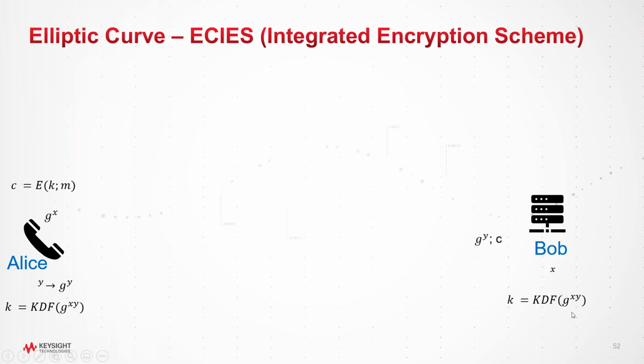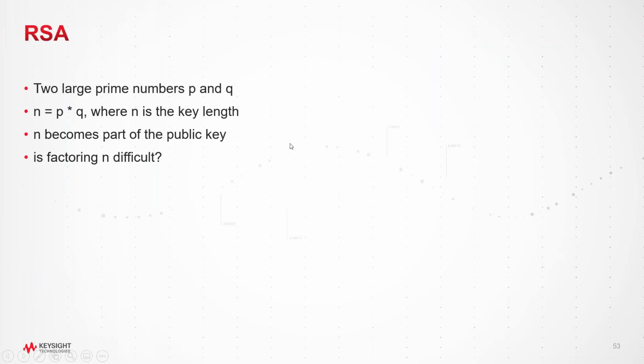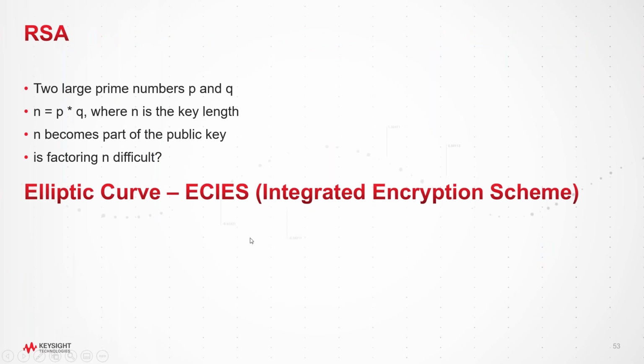Because he has her public key, he's able to use that same key derivation function to gain the secret that she derived without actually having the secret go over the air. And then again, using a public decryption scheme, he recovers the message. Okay, so we want to go back to the comparison with RSA. We said that elliptic curve has similar encryption strength with a much smaller key length, okay?